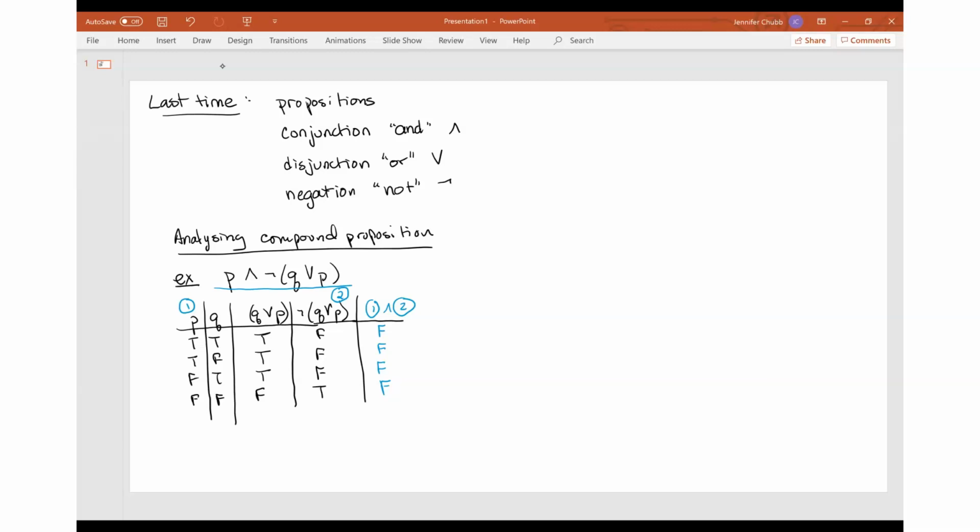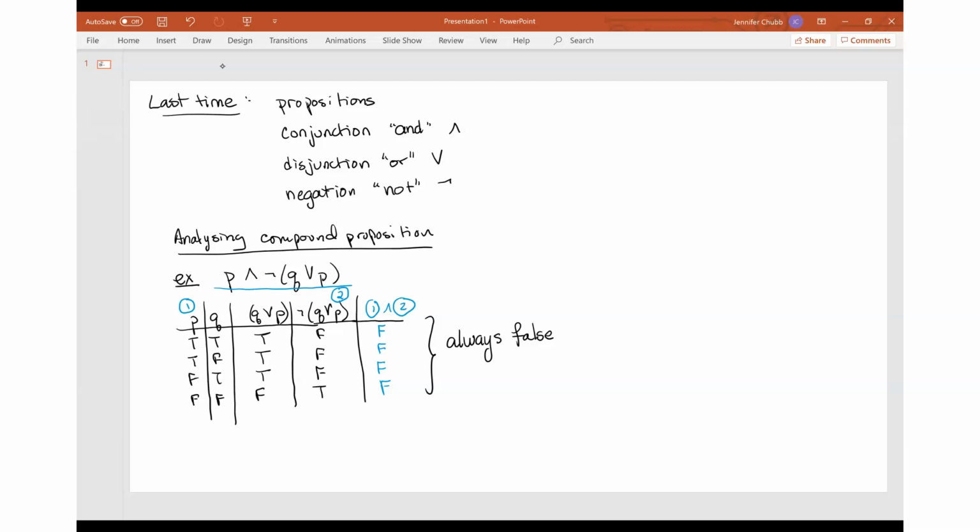And if we think about this, we've just made this formal analysis and we see that this thing is always false. When something is always false by its very form, so no matter what statements you plug in for P and Q, these propositional variables, this thing will always evaluate to false. And if you think about what it says, this says P is true and it's not the case that at least one of Q and P is true.